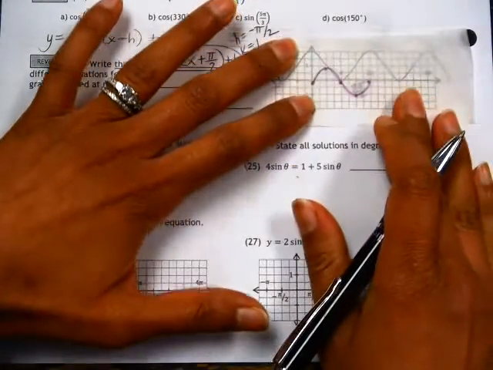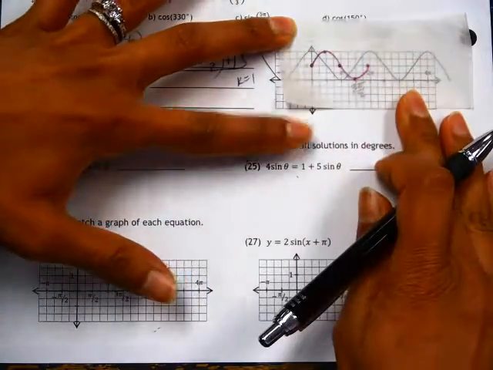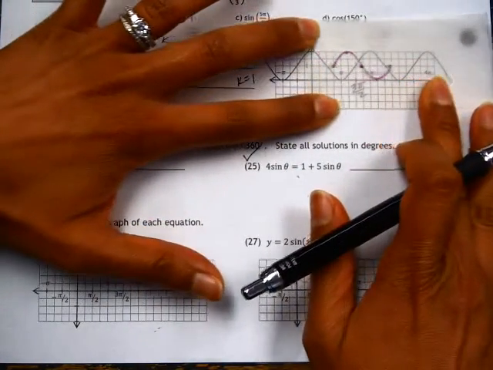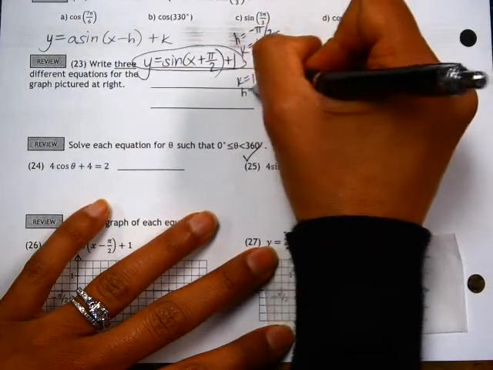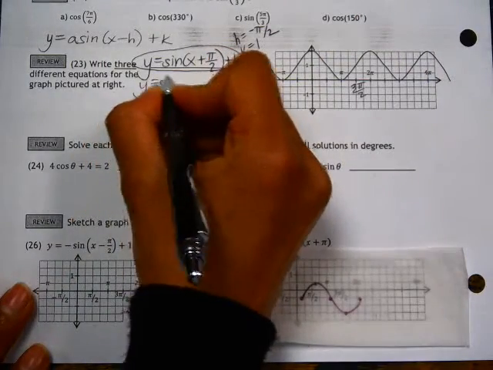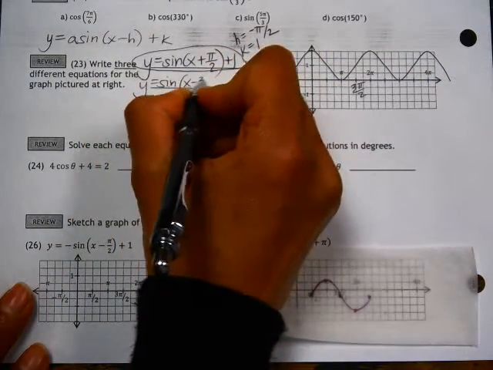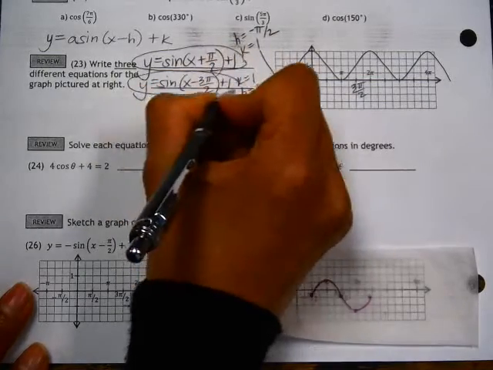So again, we went up by 1, so k equals 1, and right by 3 pi over 2, and the graph matches up. So h is 3 pi over 2. So y equals sine x minus 3 pi over 2 plus 1.